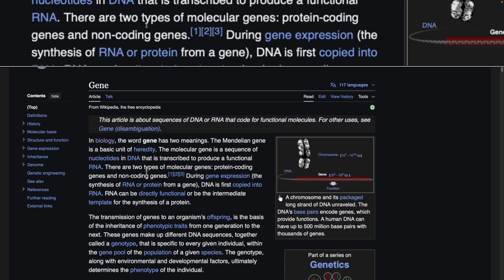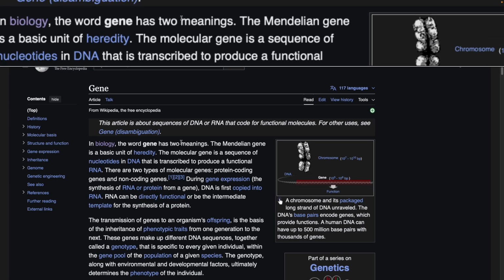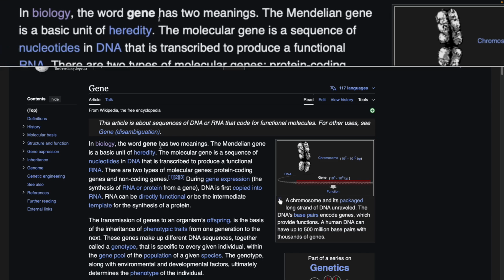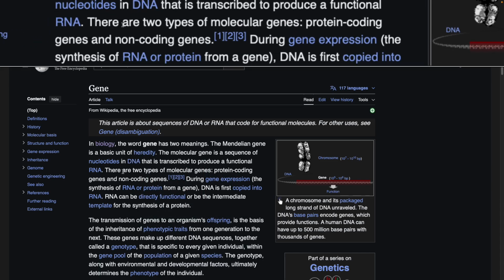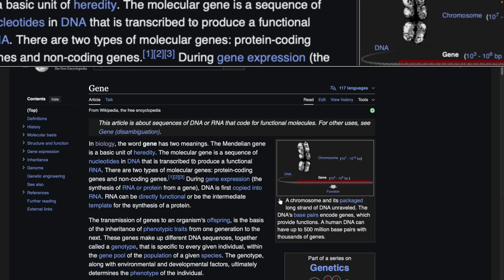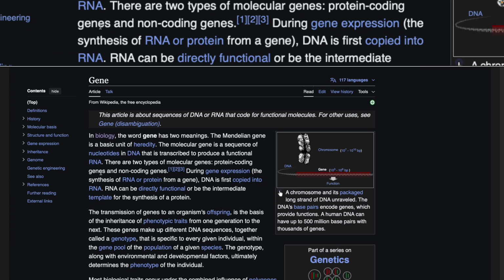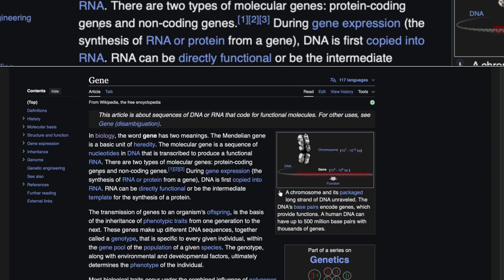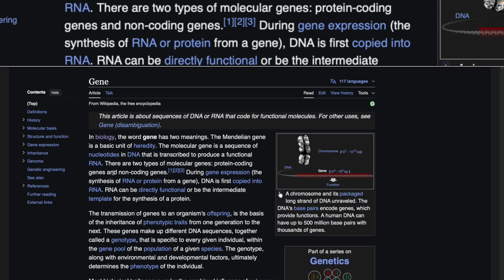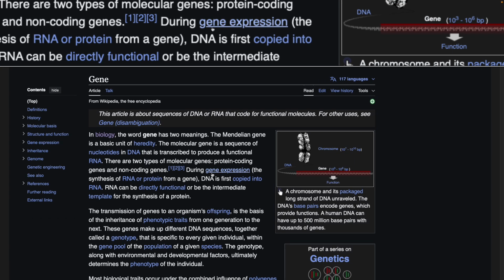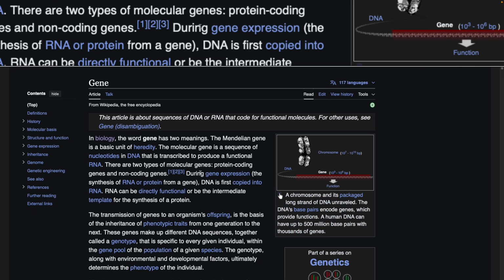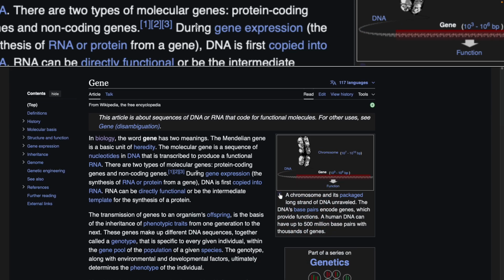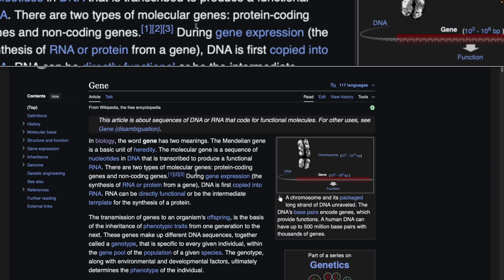There are two types of molecular genes. We said we have the Mendelian gene, which is the basic unit of heredity. We have the molecular gene, which breaks into two: protein coding genes, and non-coding genes. During gene expression, one is coding for proteins, and one is non-coding.